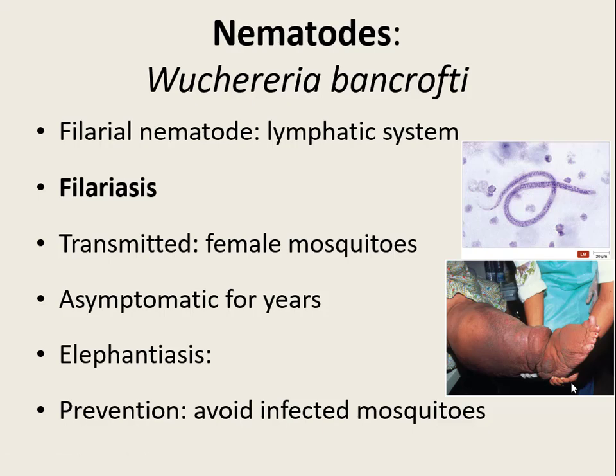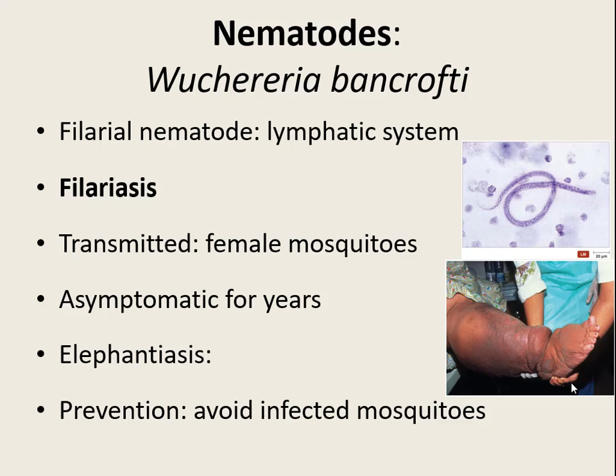Now, it can live in your lymphatic system for easily up to 20 years, again causing damage. It stays in the lymphatic system during the day. But wherever a lymphatic vessel is, there's a circulatory vessel, a blood vessel. At night, usually at dusk, these worms will travel from the lymphatic vessels into the blood vessels.